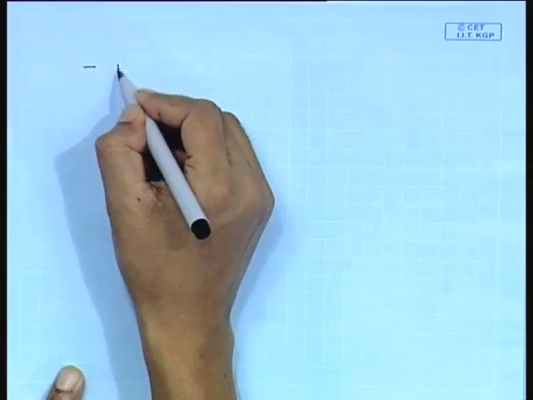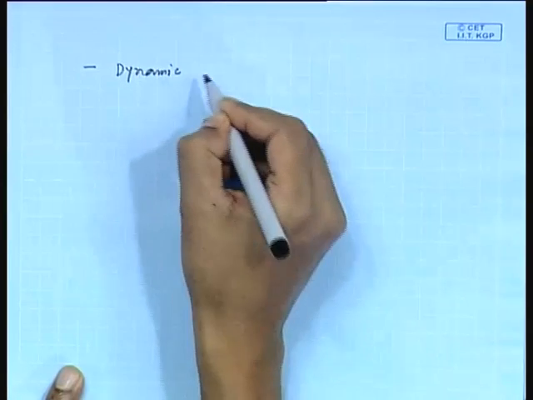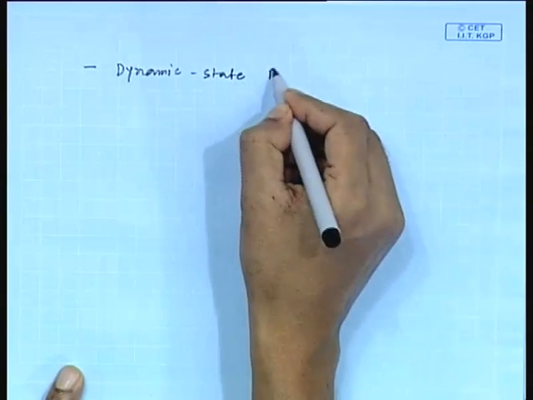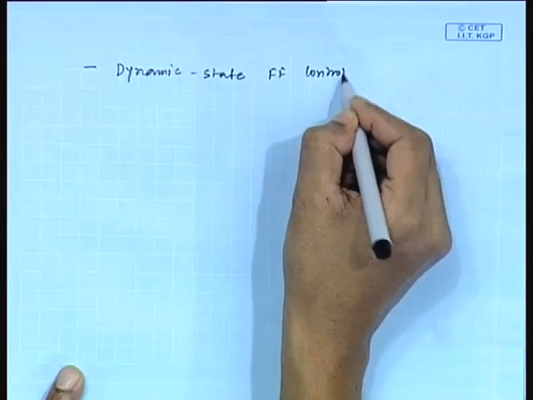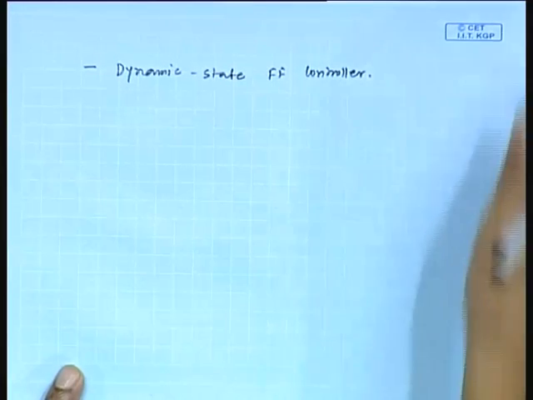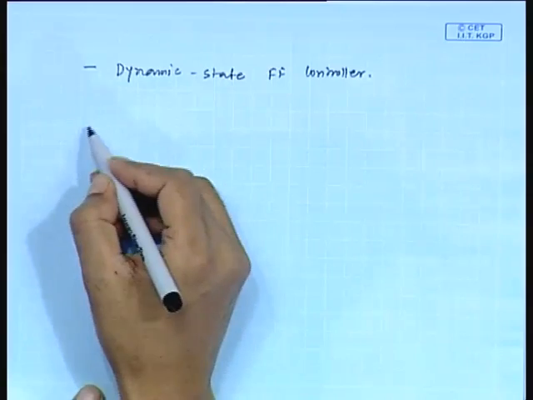Therefore, this feed forward controller is sometimes called a dynamic state feed forward controller. Fine. Similarly, we can derive the steady state feed forward controller.